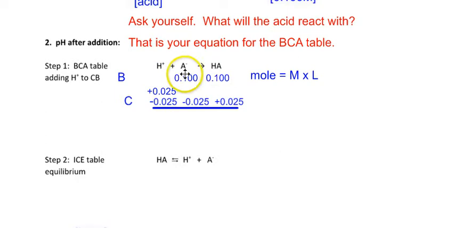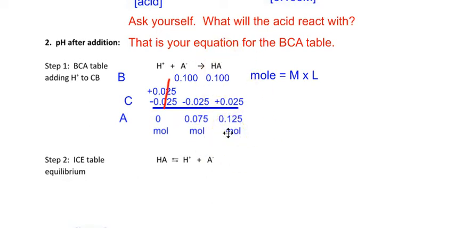So notice minus, minus, plus. Do you see that? What's going to happen with your amount of acid? It gets totally used up. Now I subtract these two quantities and add these two quantities here, and hopefully if you do your math right, this is what you get. So 0 moles left over of the H+, all used up by your conjugate base. And here is how many moles of the conjugate base, and this is how many moles of your acid I have.